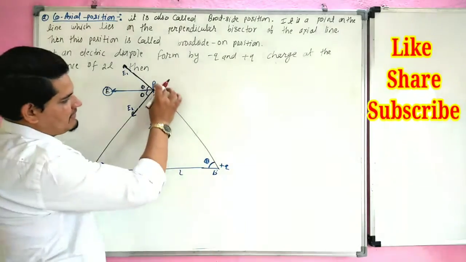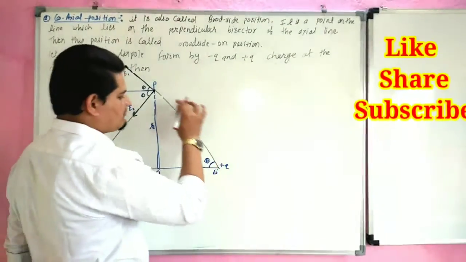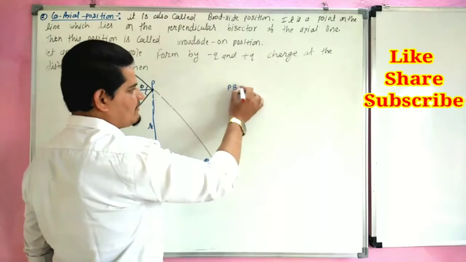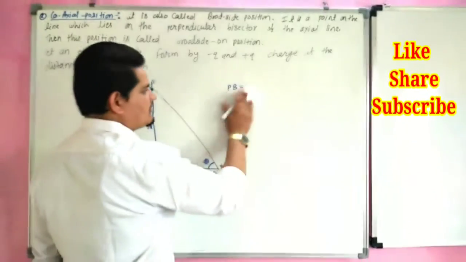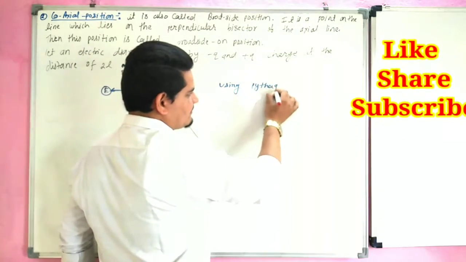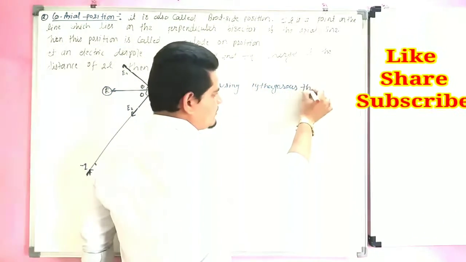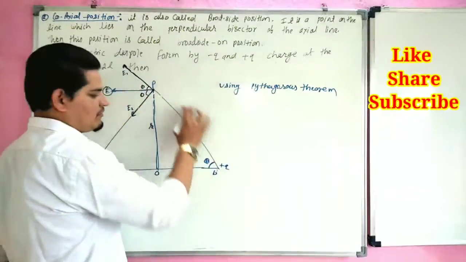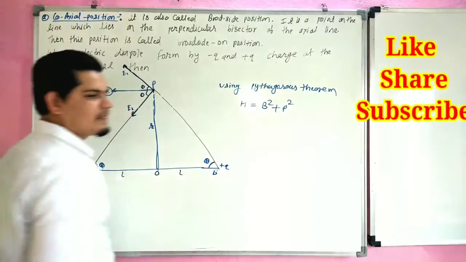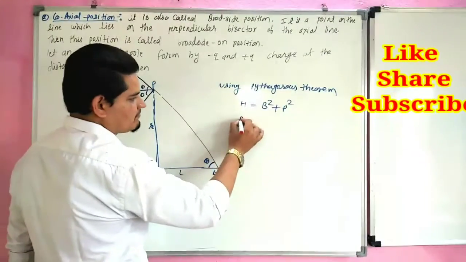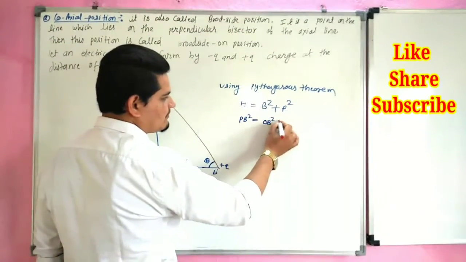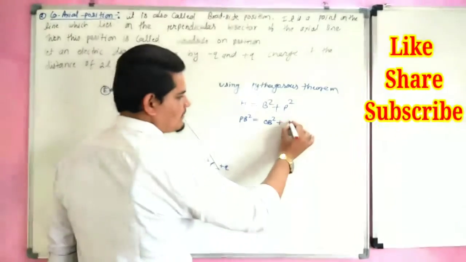We have to calculate this electric field intensity. First of all, we have to calculate the distance of PB, which can be calculated by Pythagoras theorem. Hypotenuse square equals base square plus perpendicular square.